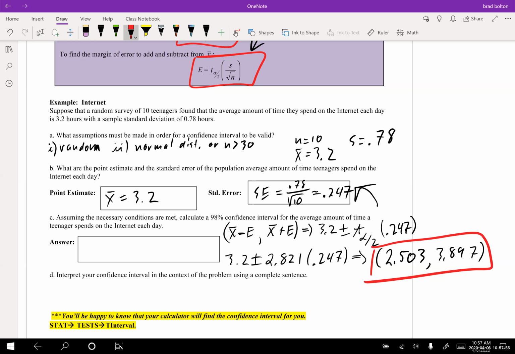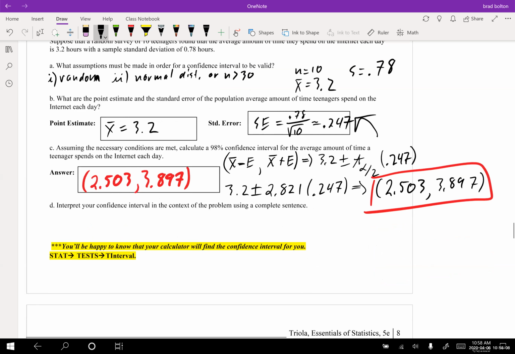So we're going to write it right here: 2.503, comma, 3.897. Now it says interpret your confidence interval.